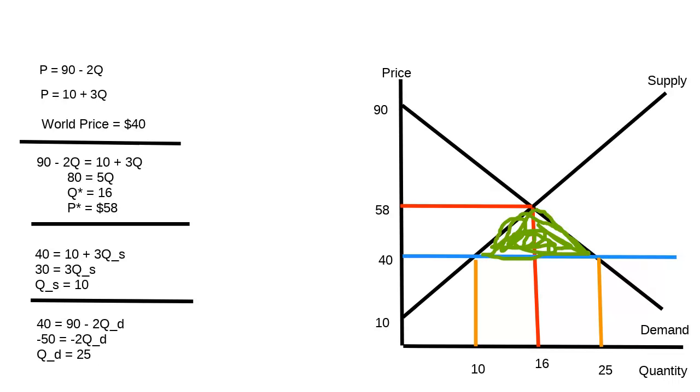Keep in mind that if this were gains from trade when we were exporting, it would be the world price minus P star times exports times 1/2.